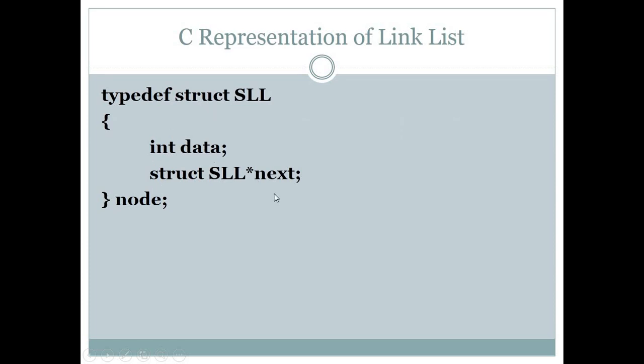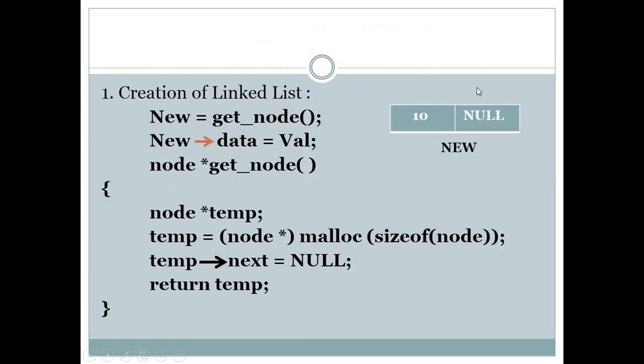Data and next means address. So you will have this type of structure, and the structure will be empty at this declaration point. After it we are checking whether we have enough space for that temp node or not by the malloc function. If we have enough space to store this node, then we will set temp next is equal to null.